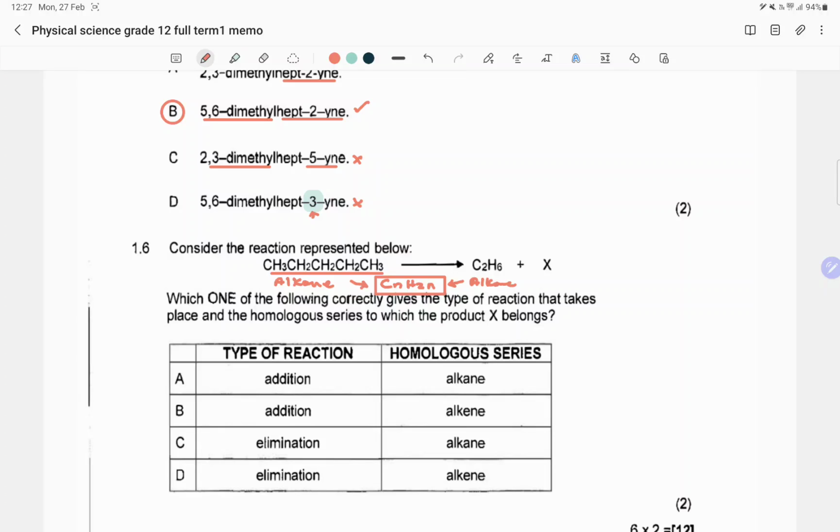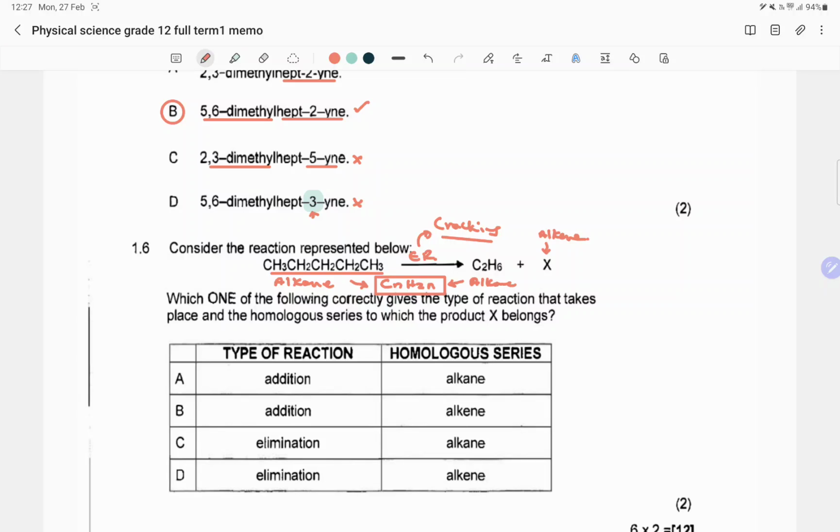That's why we know these are both alkanes. Now remember, if you're splitting a longer chain alkane into much shorter molecules, and we've already produced just 2 and this is an alkane, it means this one should be an alkene. Because it's an elimination reaction. But this elimination reaction has a name. We call it cracking.